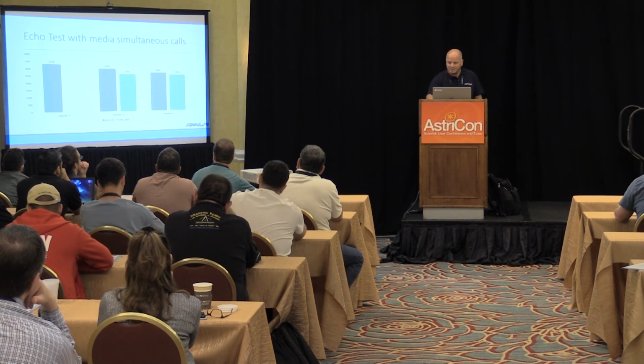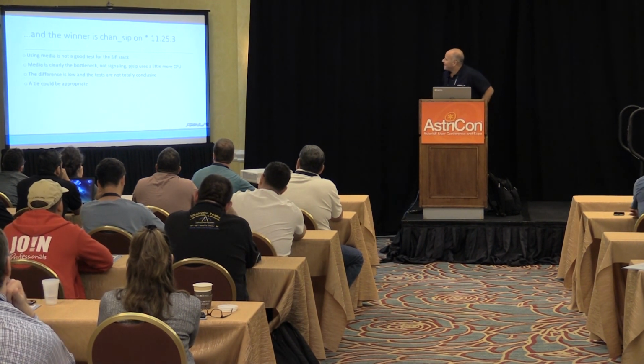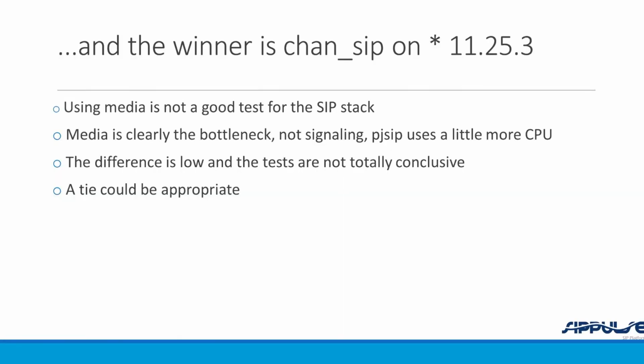And the winner for the second test is Asterisk 11. It supports more simultaneous calls than the newer versions, right? Using media is not a good test for the SIPP stack because the media is the bottleneck, not the stack. The difference is small, so the tests are not totally conclusive.